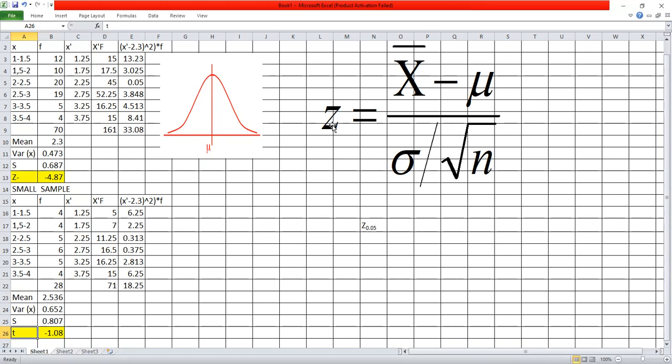So note that the student T distribution is characterized by another property called degrees of freedom. Theoretically, degrees of freedom means the number of parameters you have estimated.